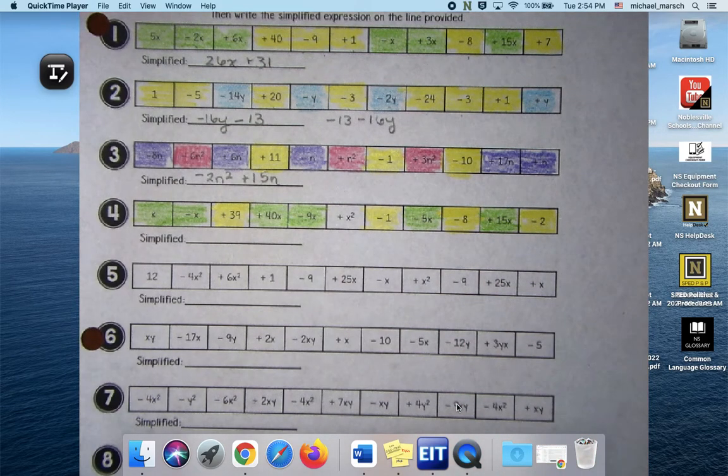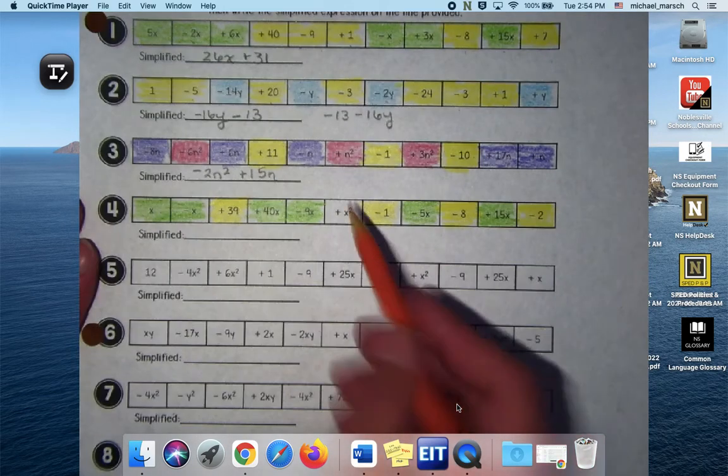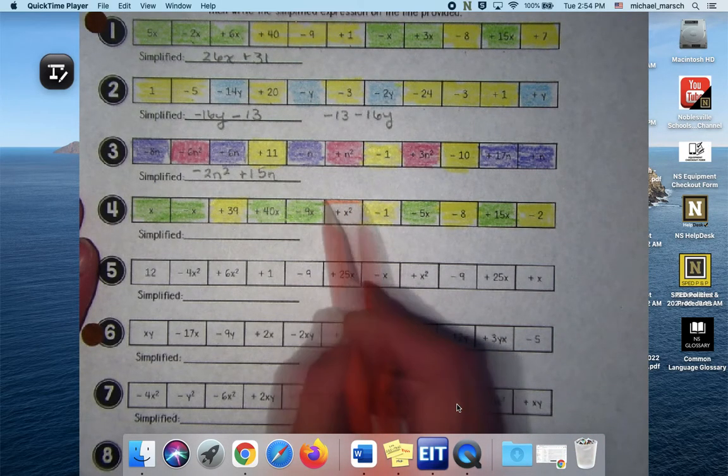And then let's use orange for x squared.